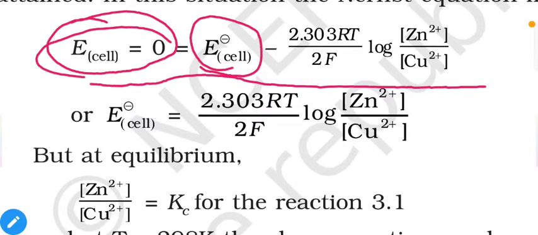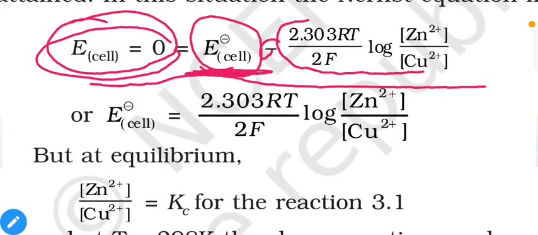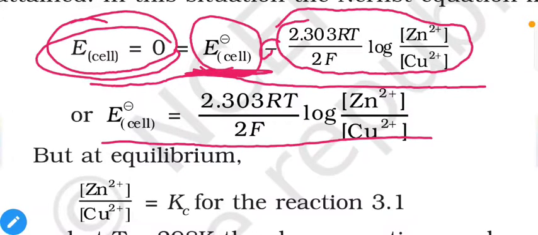So E cell is equal to 0, and that means standard cell potential minus 2.303 RT upon 2F into log concentration of product upon concentration of reactant. Both of them will be equal, okay, because E cell minus this whole term is equal to 0.